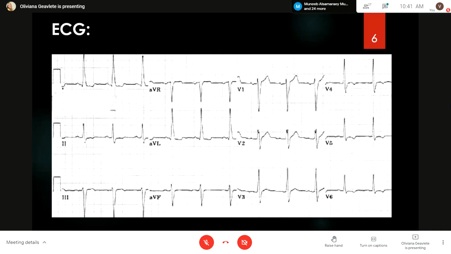It looks like sinus rhythm. We see the P waves and the heart rate is 75, so it's normal. Okay, what else? Left axis deviation.